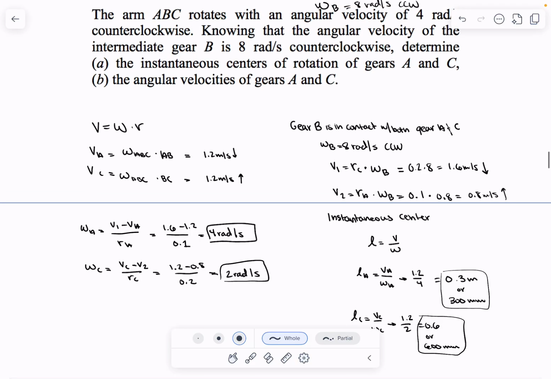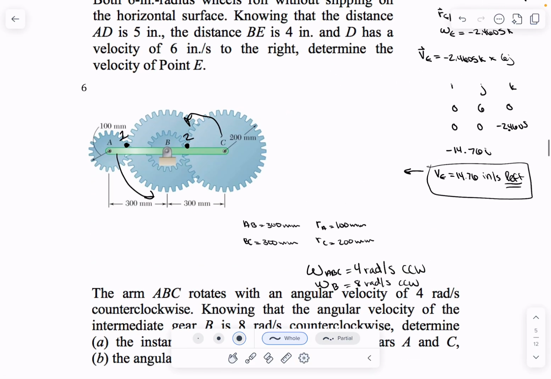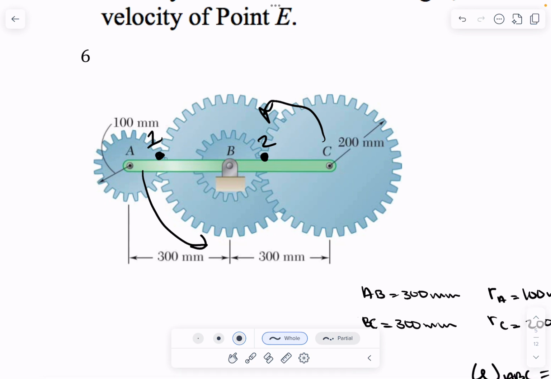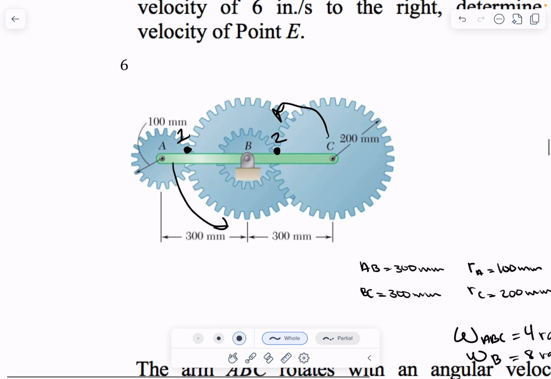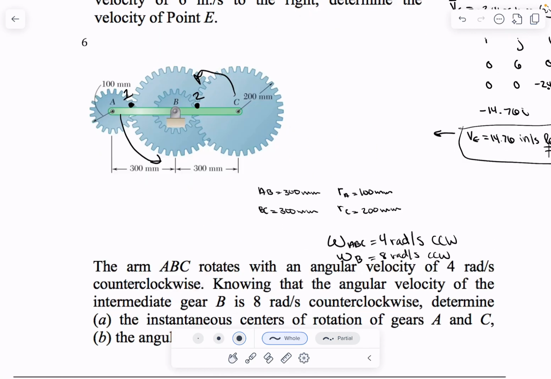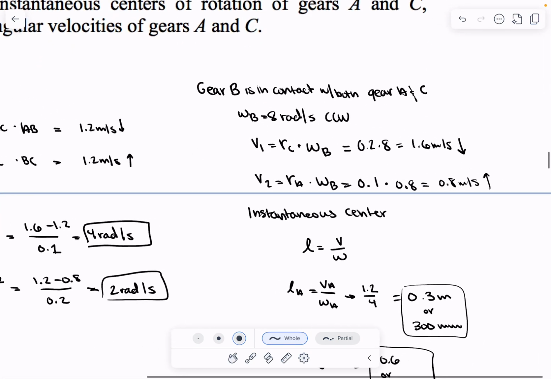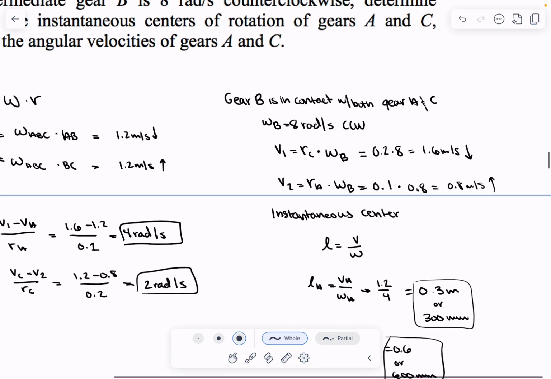Gear B is in contact with both gear A and C, as you can see up here. So I did 1 and 2 where they're connected, and the radiuses for these are switched because it's the distance that it has to travel in the opposite direction for it to line up. So we have our V1 and V2 at those points, and we get 1.6 meters per second down and 0.8 meters per second upwards.